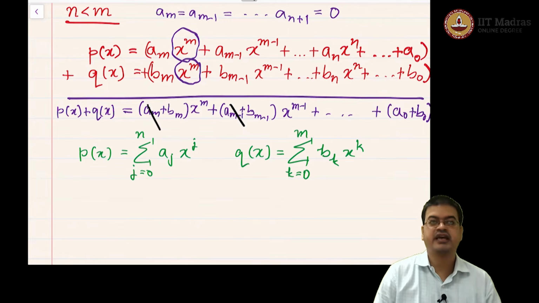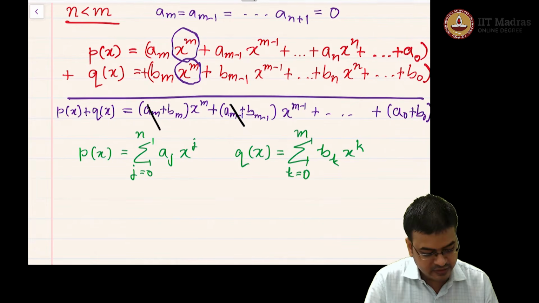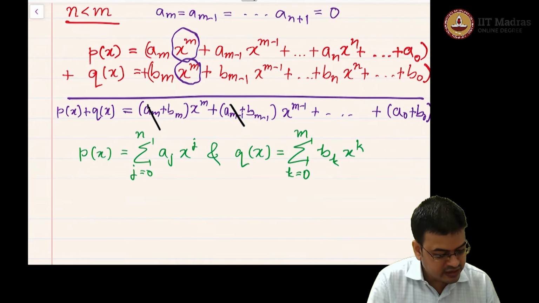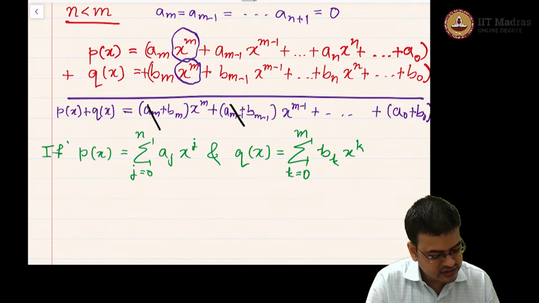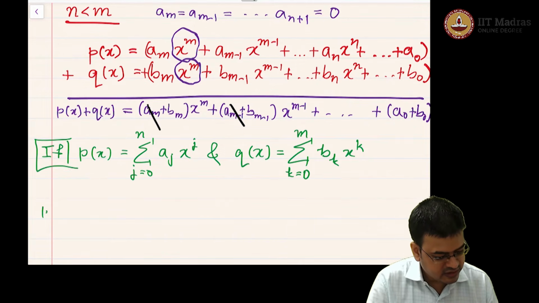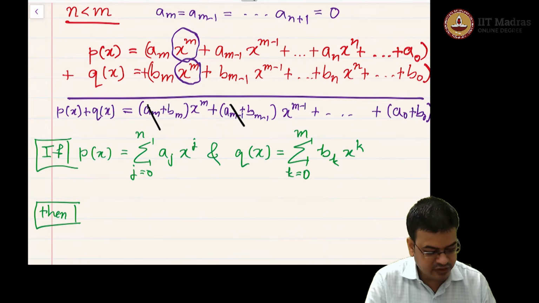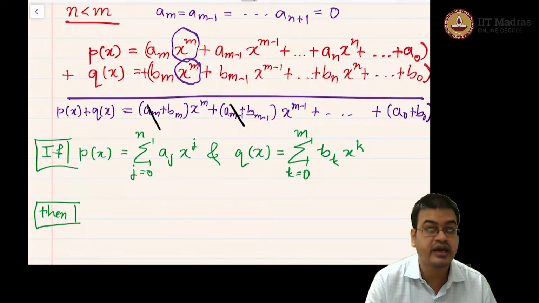Remember, j and k are dummy indices. If n is less than m, whatever answer I have given holds; if n is greater than m, you will have to go up to n.